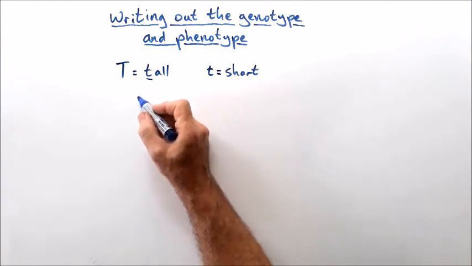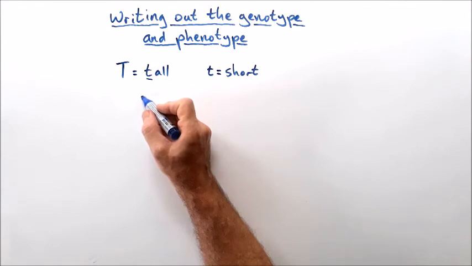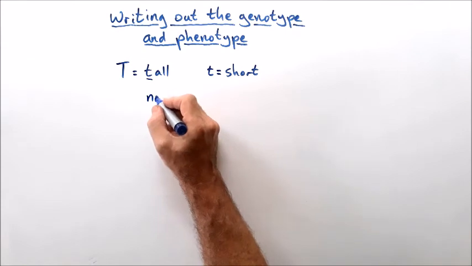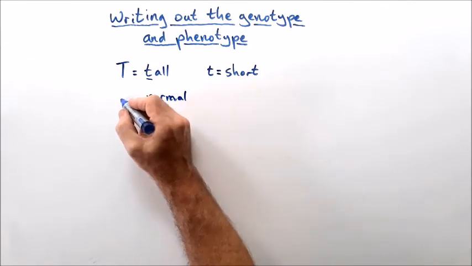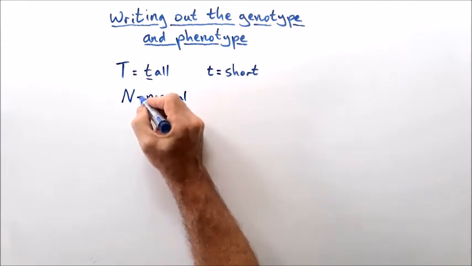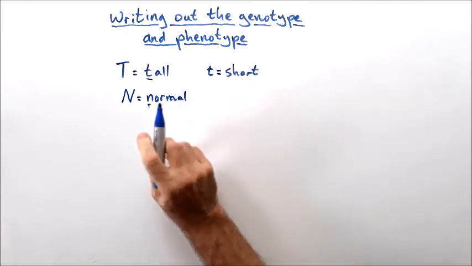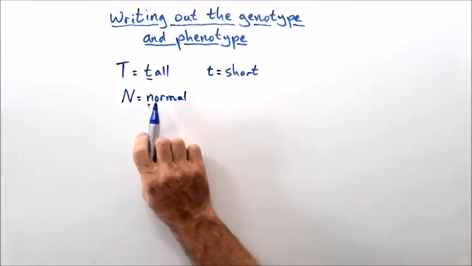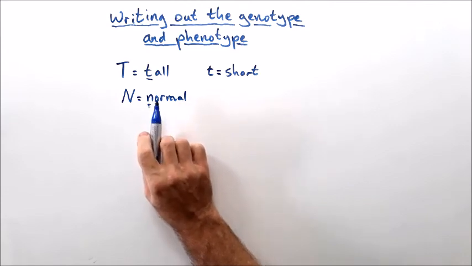When it comes to genetic conditions that are not common, I don't want to say abnormal too much, then the best letter to use for the normal condition is the capital letter N. N for normal. That is really your fail-safe way to do it. A lot of you are writing big B for colorblind or big C for colorblind.